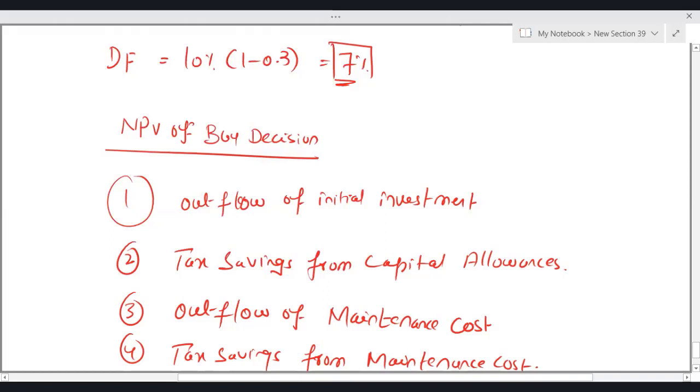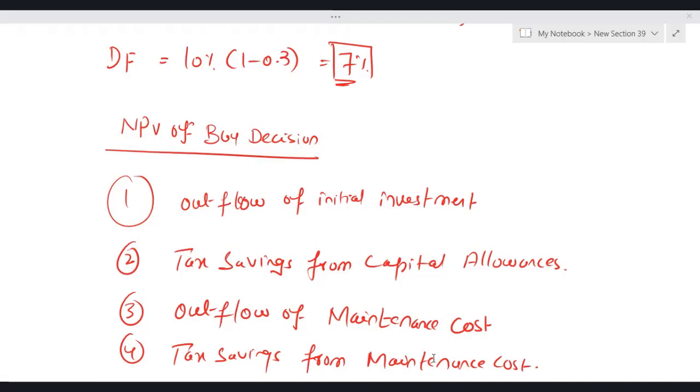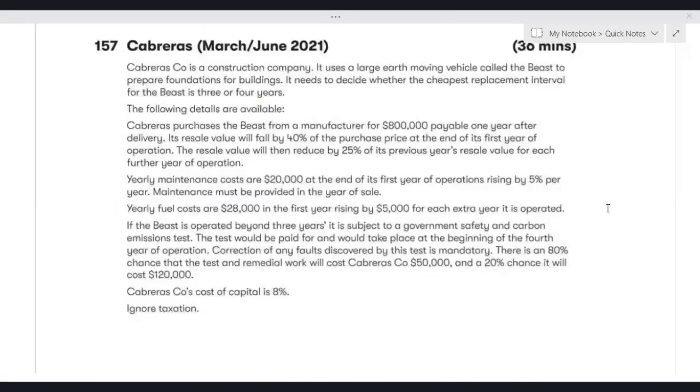Let me pause the video so that there's a question number 157 from your BPP kit. Should I share in the WhatsApp? So then you have to give me a time. Let me pause this.